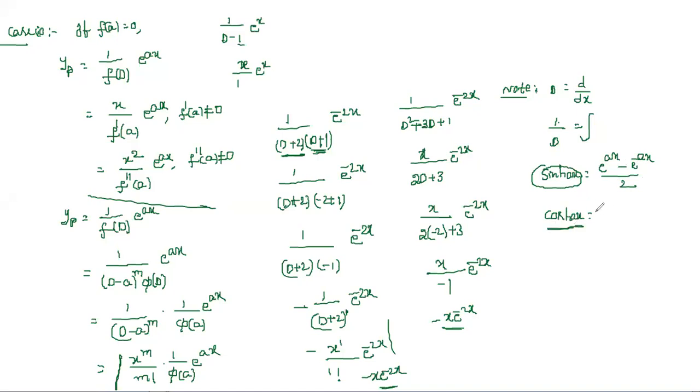In the same way, cosh ax is e power ax plus e power minus ax by 2. After splitting that, you can simply go through type 1. So this is the procedure for applying type 1.